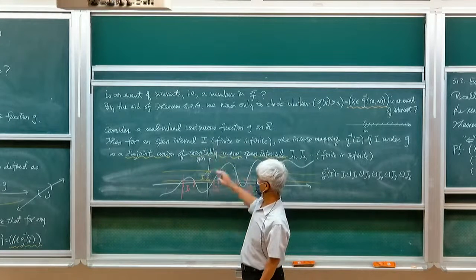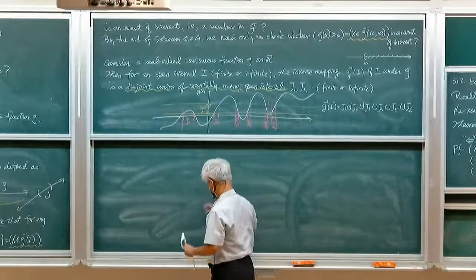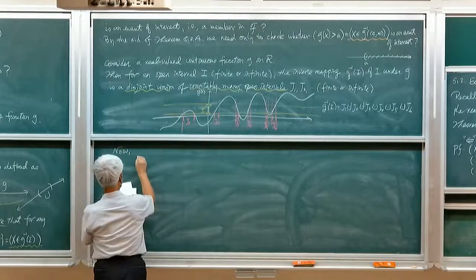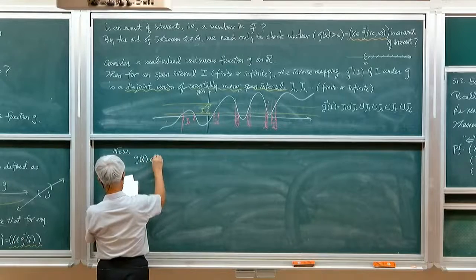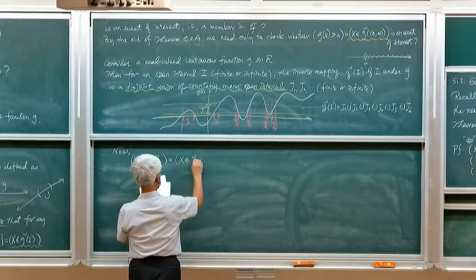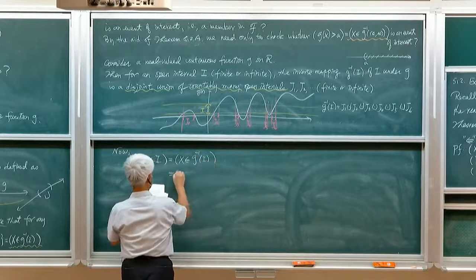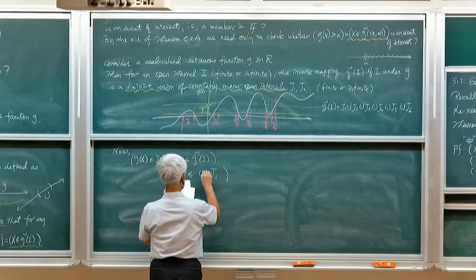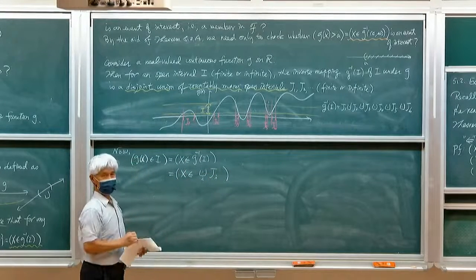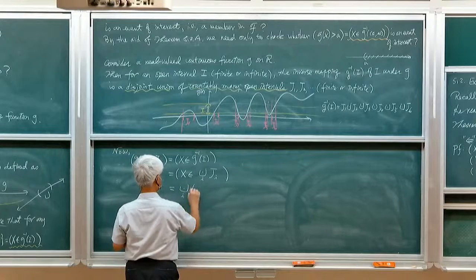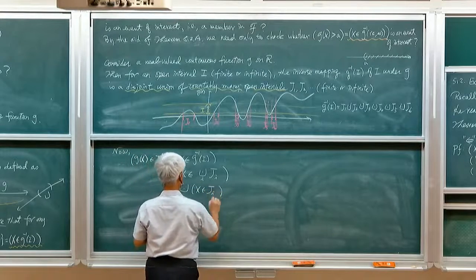So now g of x in the open interval I is equal to x is in the inverse mapping of I, but x is in the disjoint union of the J_i.